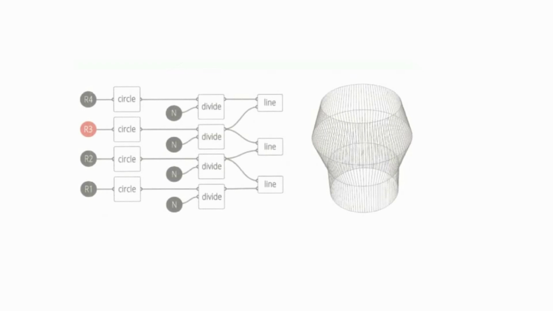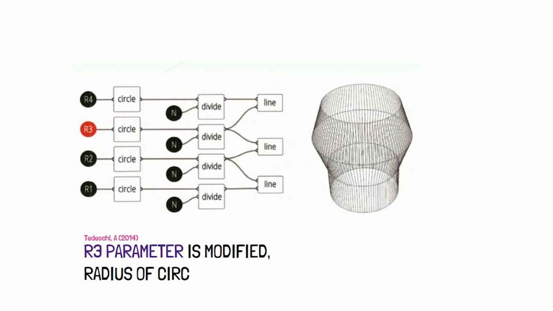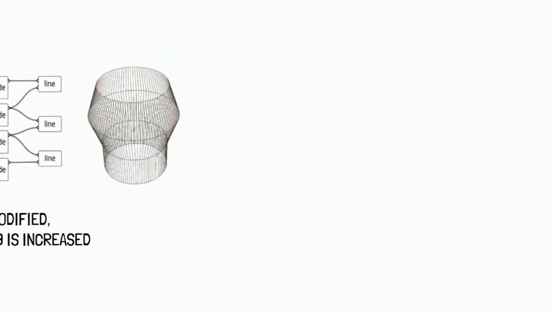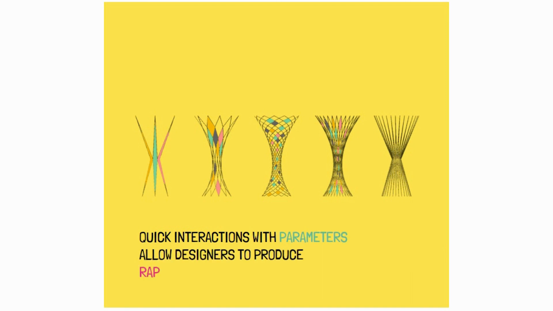Another example of how we can manipulate the parameters is how we can manipulate one of the radius of the circle, in this case circle number 3, and the geometry looks different just by changing the parameter. Here's my example that I generated a while ago. So parametric design allows quick interactions with the parameters to produce rapid design iteration.